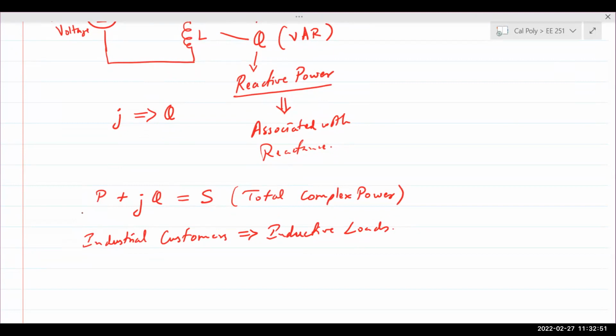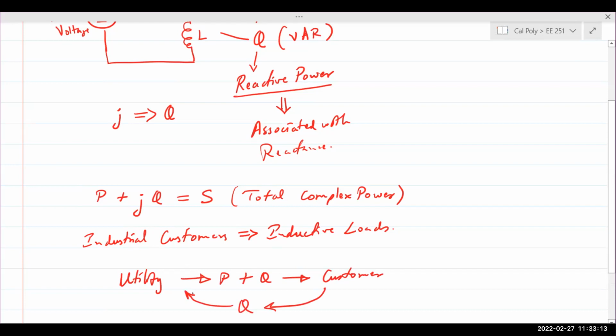So the utility company sends P plus Q to the industrial customer, and then the customer sends the Q back. Reactive power is associated with the reactance of the inductor. In the inductor, in the positive half cycle, especially for AC, the energy will flow in and then flow out. So it's constantly flowing in and out of the inductive loads.